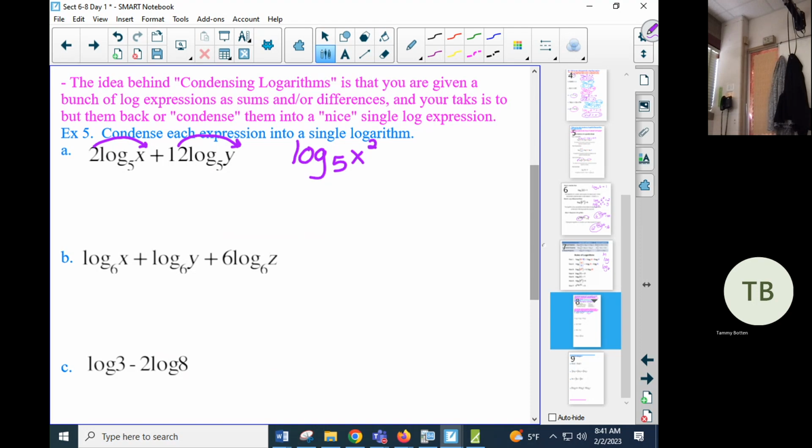The second one, I'm also going to move that 12 to the power. So it's going to be log base 5 of y to the 12. Okay. So all I did is took these numbers and put them as powers. But I'm not done today until I have one single log. And right now they're added.